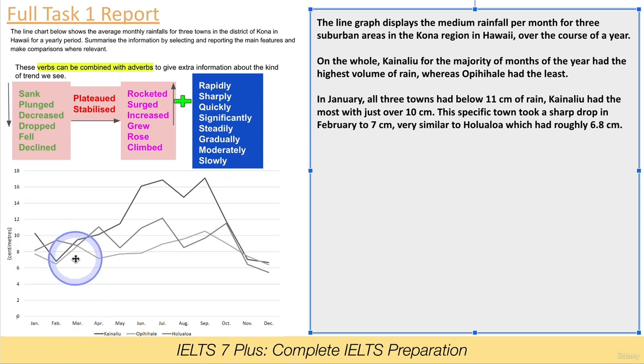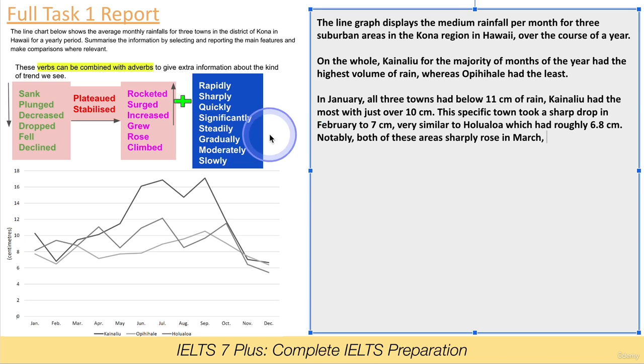Okay, then we go into March, and both of these towns take quite a sharp rise, actually. So notably, both of these areas sharply rose in March. And maybe we could talk about Holualoa rising until April to reach the top there.